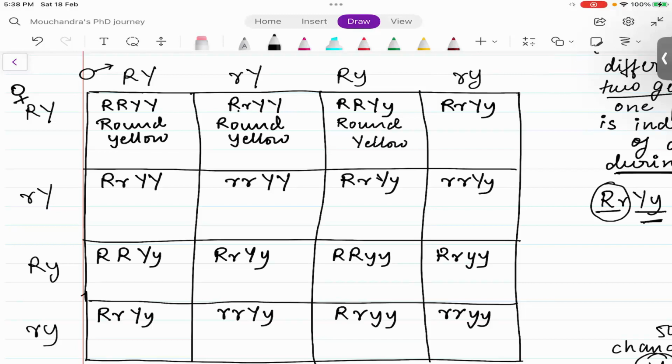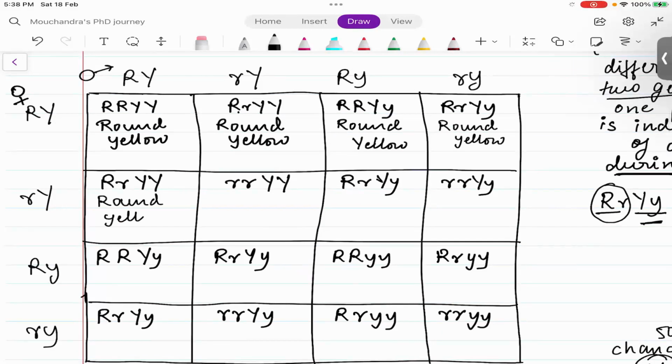Here we know that yellow color is dominant over green color. So when it is heterozygous for the seed color gene, it will be yellow: round yellow, round yellow. Now there is homozygosity for the recessive gene, so the seed shape will be wrinkled, but the color will be yellow.